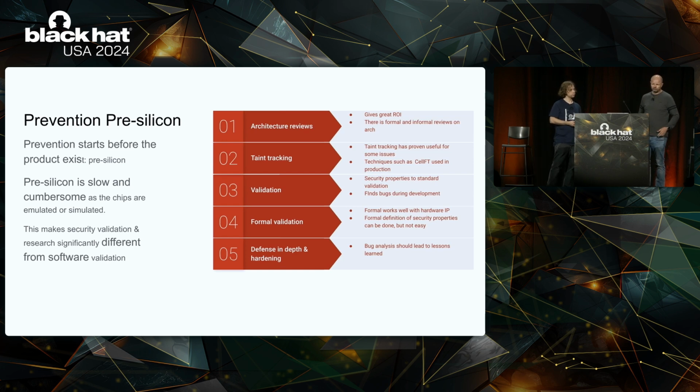So moving on to preventing issues in the first place. Prevention starts before the product exists, and this is what we, among vendors, call pre-silicon. There's no silicon yet. Most of what you do in pre-silicon is either just normal reviews, or you have the code and you emulate and simulate it.